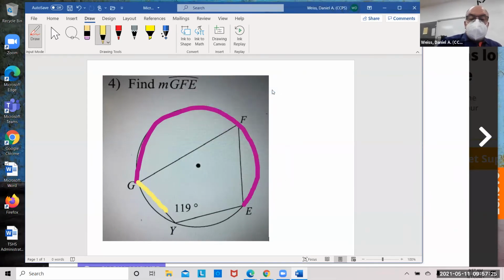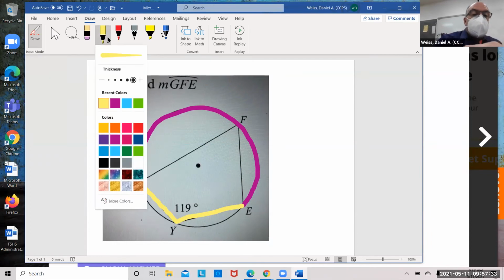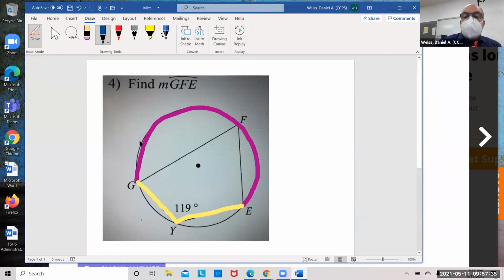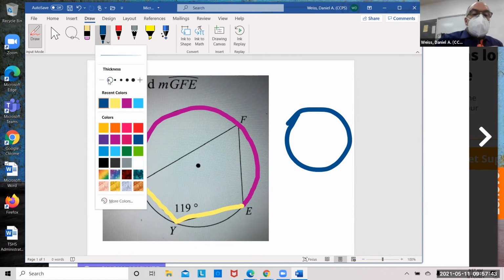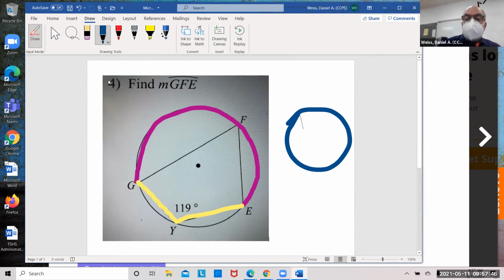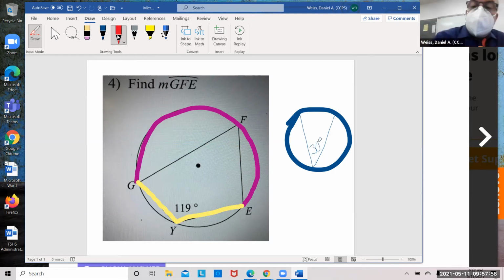Okay, so we have this angle. So you remember in a circle, if this was 30 degrees, and I said that this arc here was 60 degrees, right?